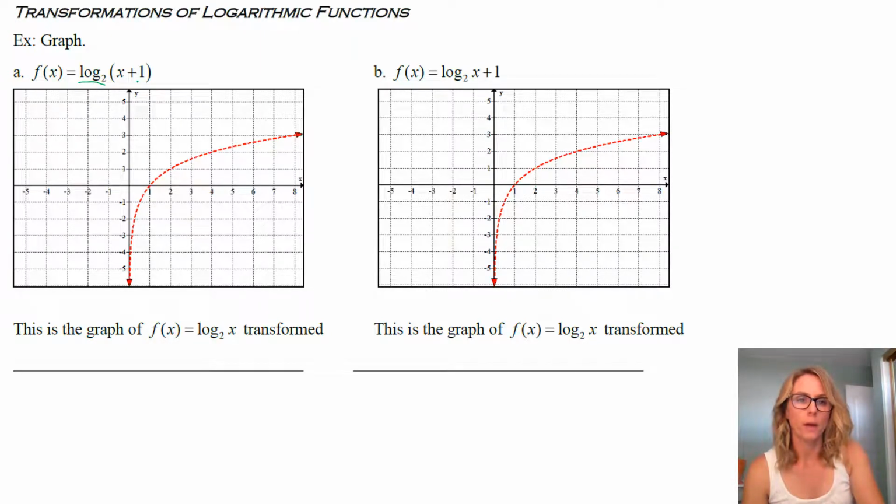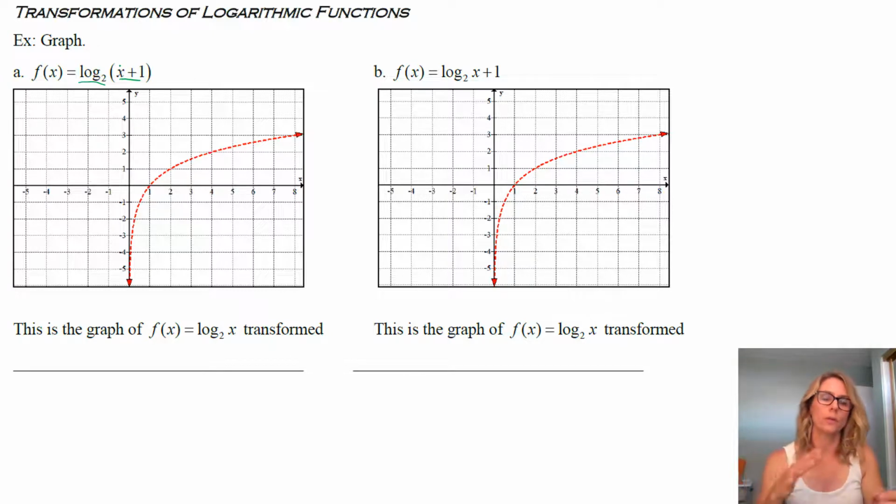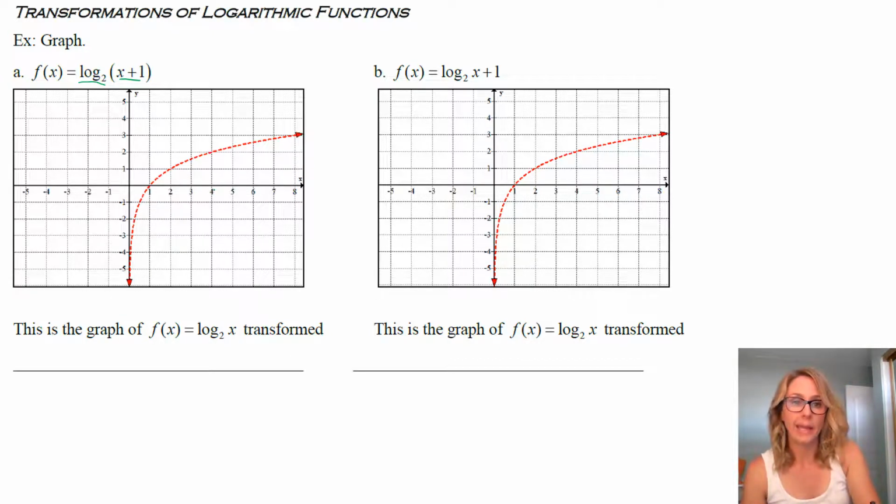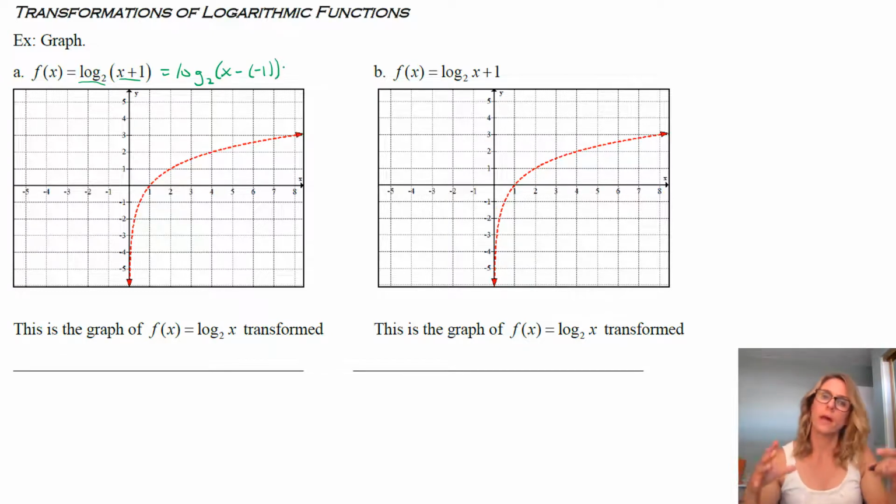If we take a look at the first one, I want you to notice we have log base 2, but of x plus 1. I want you to notice that the plus 1 is inside with the x. So if we want, we can rewrite this as x minus a negative 1. Because it's inside the parent function, and the parent function here is just log base 2 of x, inside it we have x minus a negative 1.